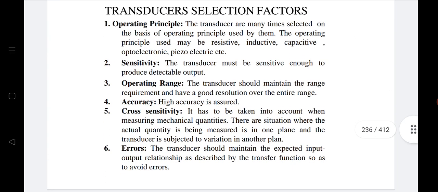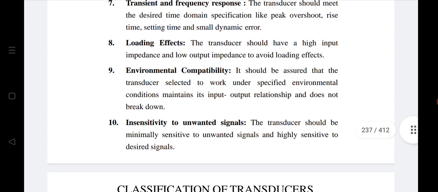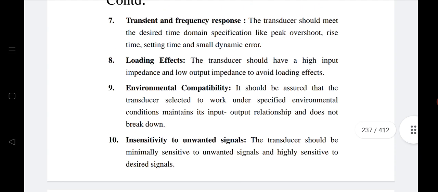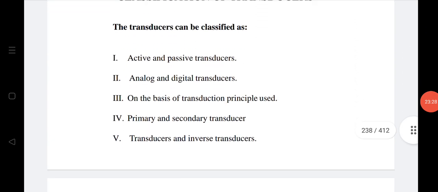The factors to consider during the selection of transducers are operating principle, sensitivity, operating range, accuracy, cross sensitivity, errors, transient and frequency response, loading effects, environmental compatibility, and insensitivity to unwanted signals. So these are the different factors you are going to consider for the selection of your transducers.